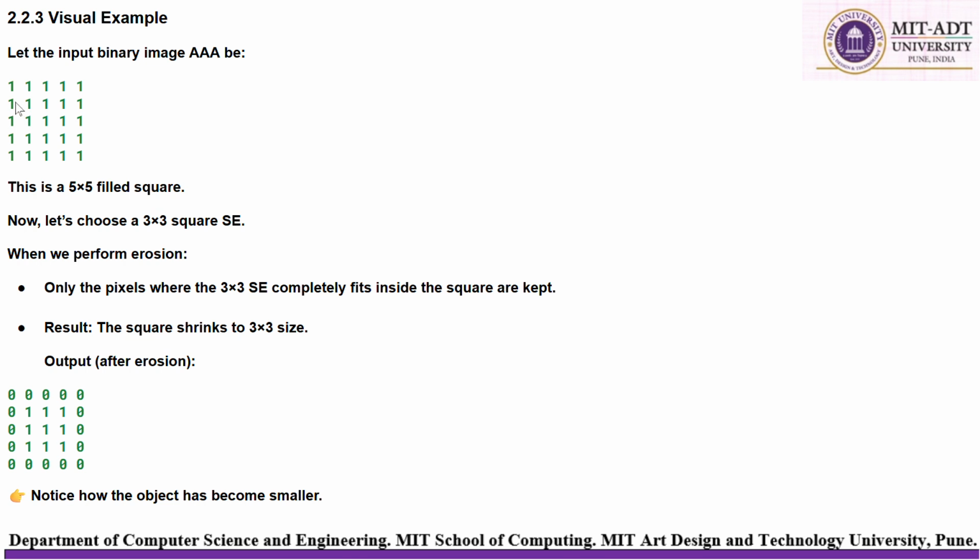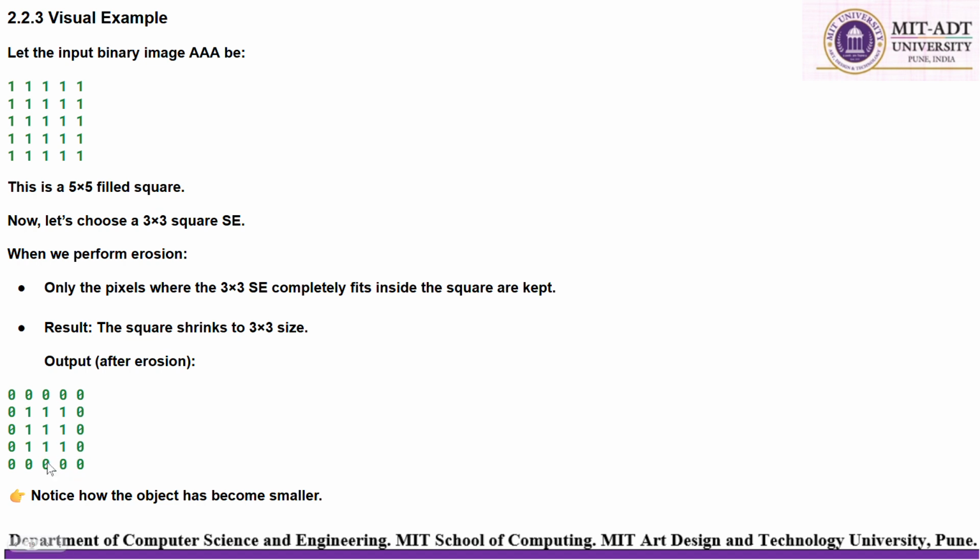So I will get the center pixels after filling. But if I choose a 4 by 4 size structuring element, then I will get these 4 rows, because this is completely filled over here. The rest of the pixels, wherever it is not fitted properly or not filled, all those excluded pixels I can mark with 0. So this is my output after performing the erosion.